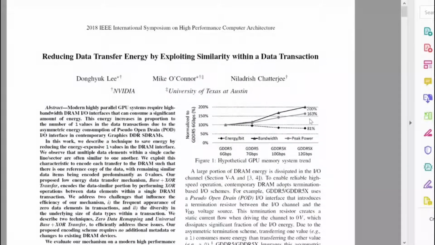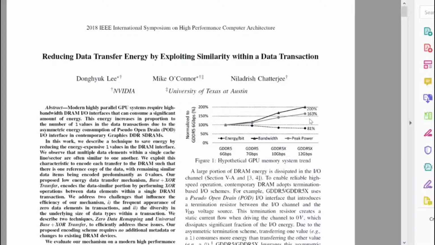Their concept in this paper is how to reduce the energy consumption during the data communication from DRAM to the processor. Communication of information means either sending binary ones or binary zeros, right? They found that sending a binary one is more energy consuming than sending a binary zero.